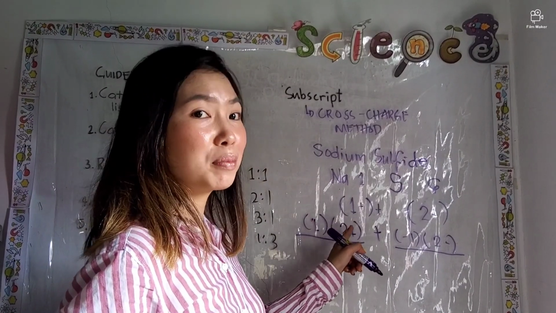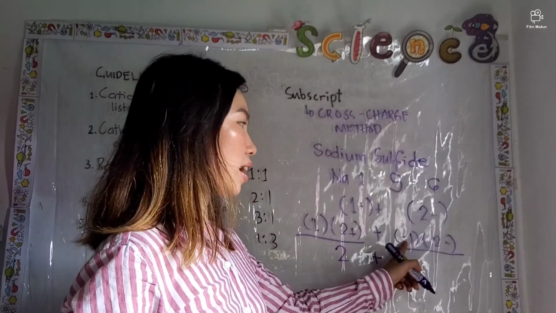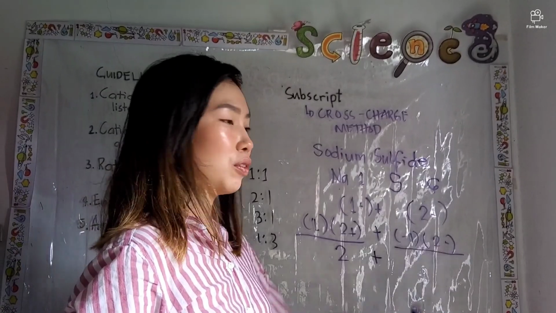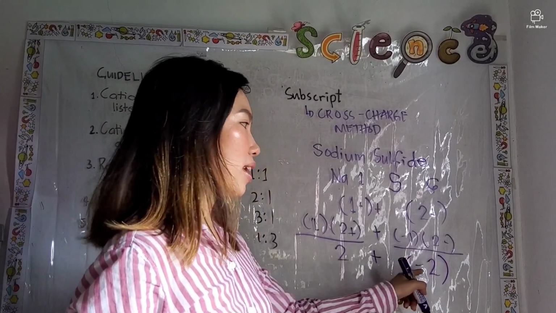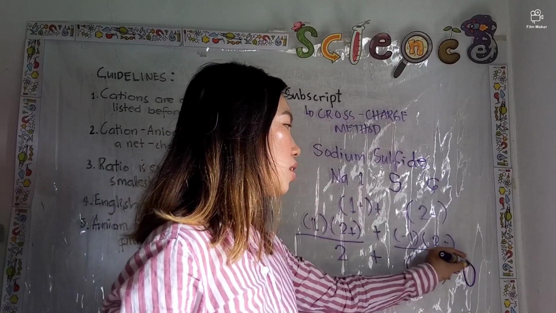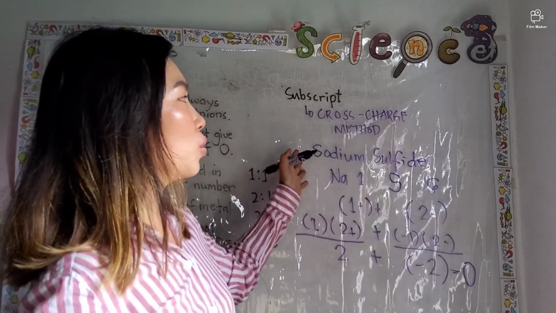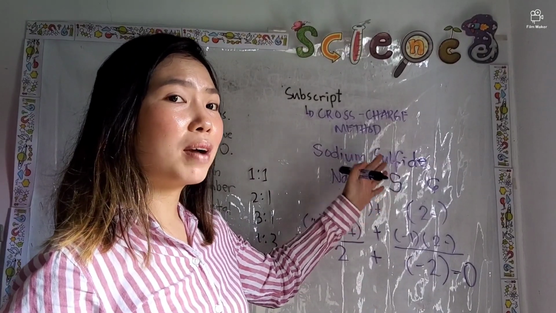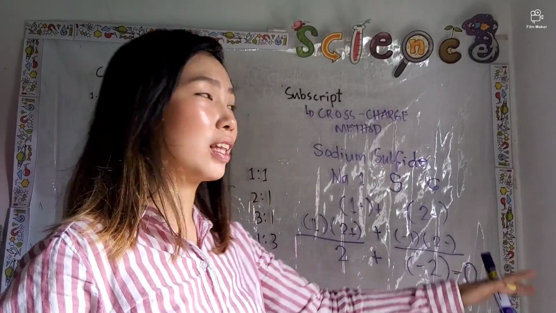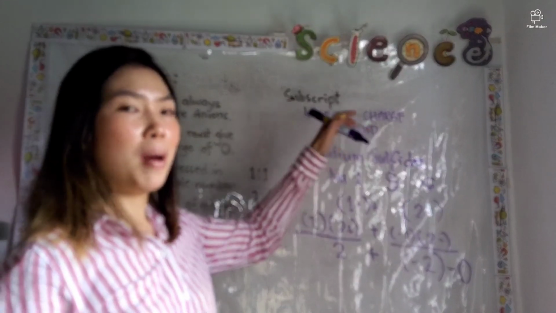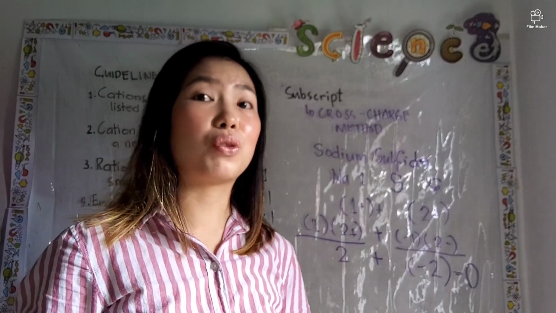Positive 1 times positive 2 will give you 2 plus negative 1 times negative 2 will give you negative 2. 2 plus negative 2 is equal to 0. And that's now the net charge of sodium sulfide. So, para maging equal natin sila sa 0, kailangan mong i-perform yung tinatawag na cross-charge method para ang guideline number 2 ay masusunod pa rin to have a 0 net charge.